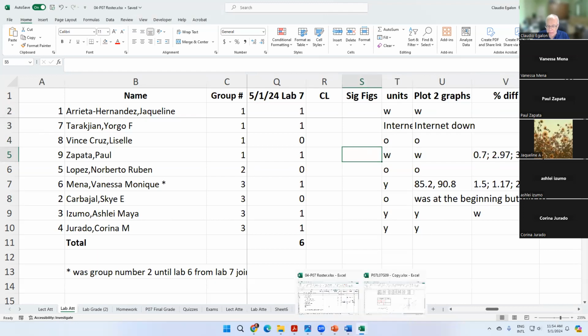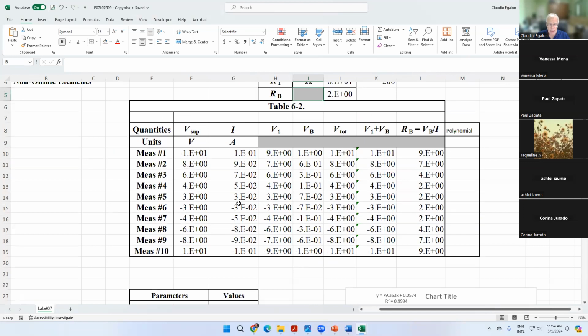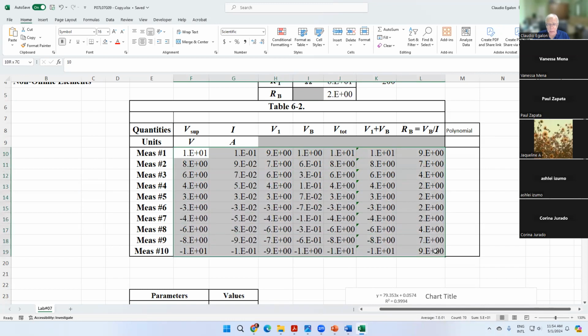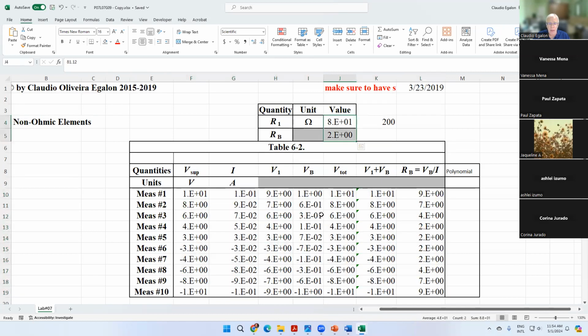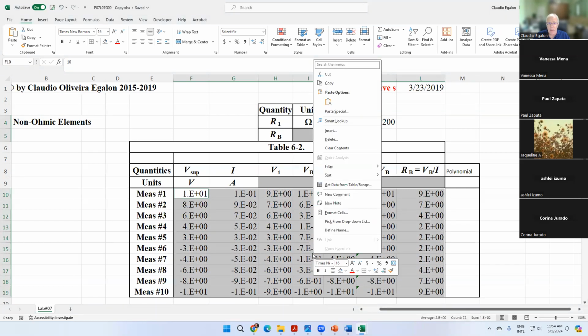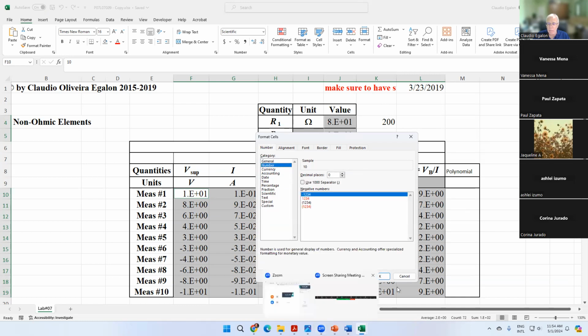For the sigfix, everything here, because of its numeric value, should be in numeric format. So go ahead and change everything from scientific format to numeric. Instead of scientific, put everything as a number.